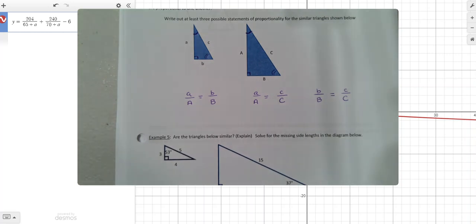Essentially, you can compare any two sides to one another, and those ratios have to be equal.